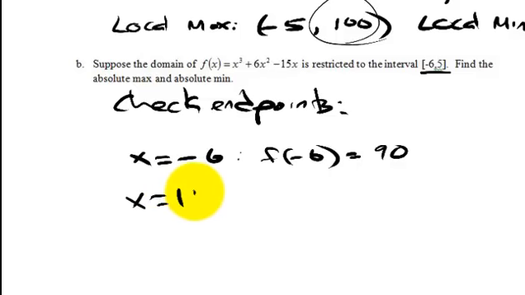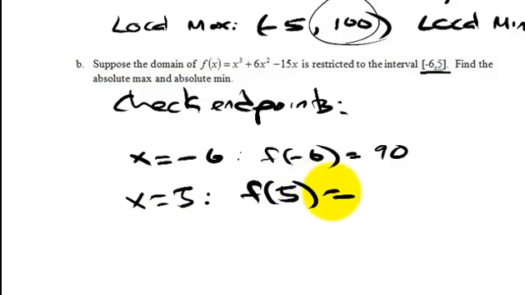And what was it? 1. So f of 1... Oh, I'm sorry, not 1. That's not the endpoint. Apologize. x equals 5 is my endpoint. So f of 5. Plug 5 in, and we get 200.